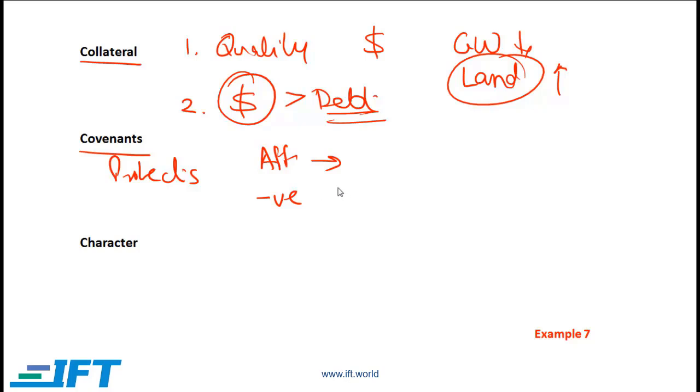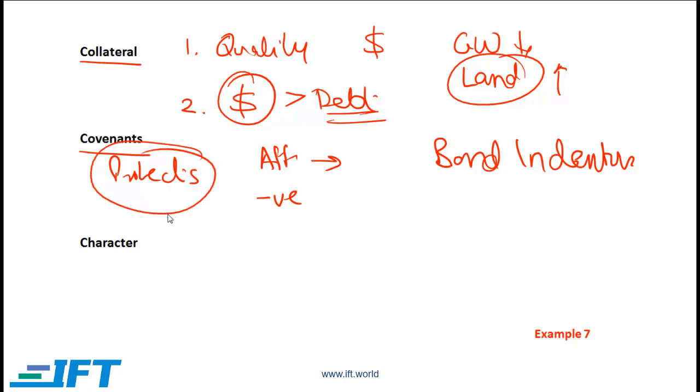Covenants are documented in what's called a bond indenture. So covenant analysis essentially would be the process of figuring out whether these affirmative and negative covenants are indeed protecting the investor. Covenants are generally much more important in the context of high yield securities or junk bonds, but they should also be evaluated for regular corporate bonds.